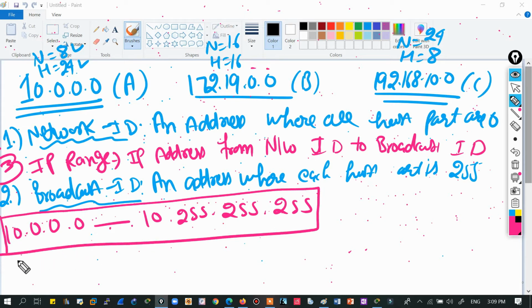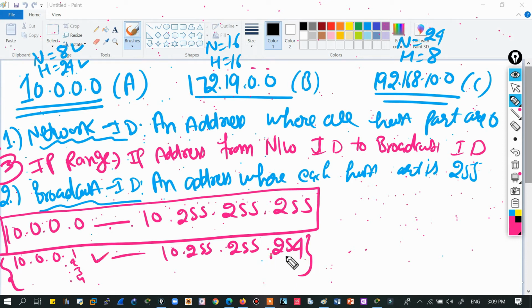You can assign IPs from 10.0.0.1, 10.0.0.2, 10.0.0.3, 10.0.0.4 like that, up to 10.255.255.254. This is again one more range: you can assign IPs of this range, and the other is the total range. You cannot use the network ID or the broadcast ID on any host.